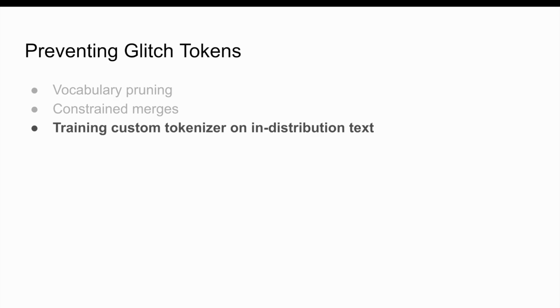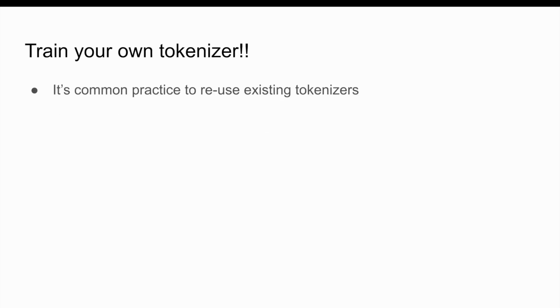But in the meantime, the easiest thing you can do is just to train a custom tokenizer. It's pretty common practice to just reuse an existing tokenizer. In fact, I see that kind of recommendation in tutorials, just taking a tokenizer from Llama or whatever it is and reusing it.